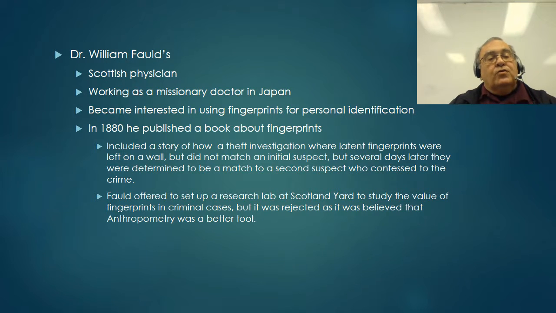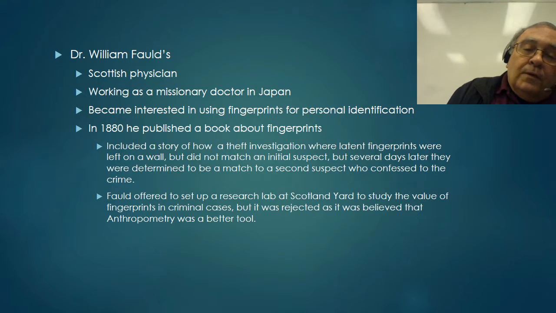Another historical person in the field of fingerprinting was Dr. William Fauld, who served as a missionary doctor in Japan, and in the 1880s he published a book about fingerprints. He had a story in there about how latent prints were left on a wall and did not match the initial suspect, but several days later they determined a match to a second suspect, who eventually admitted to the crime.